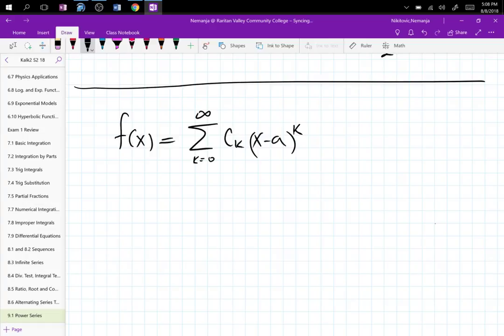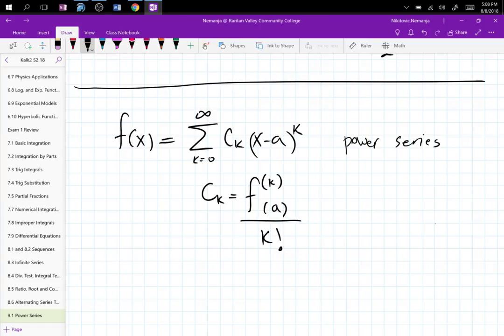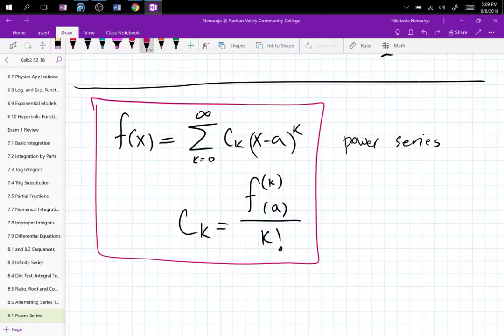So this is just a standard power series, standard definition. But now what I'm going to do is define what c_k is. So c_k is the kth derivative of the function computed at a divided by k factorial. So this is your c_k. So you have your two formulas over here. So power series, and these are coefficients.